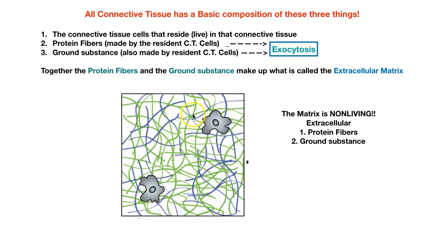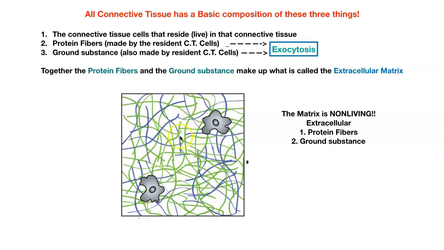So these blue and green lines are representing protein fibers that have been made and exocytosed out by these cells that live there, and something called ground substance that we'll be talking about. That's also made by these connective tissue cells that live there. They're going to make that ground substance and exocytose it out into this intercellular, aka extracellular space.